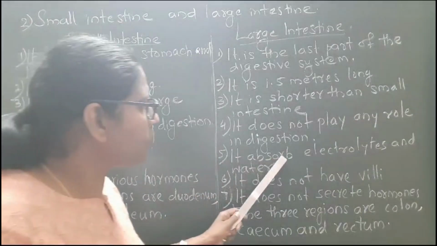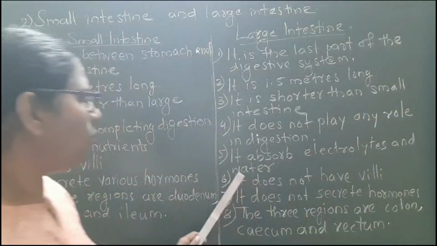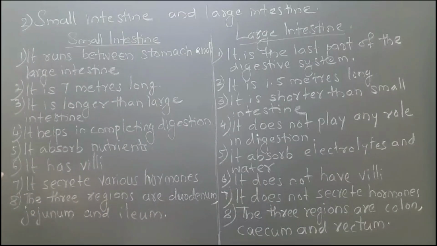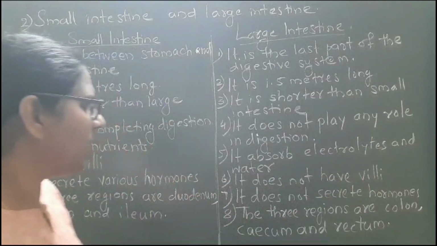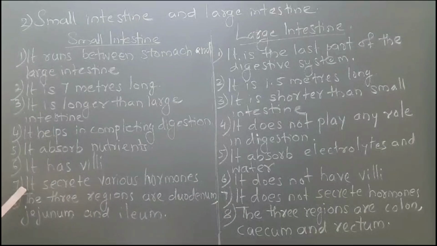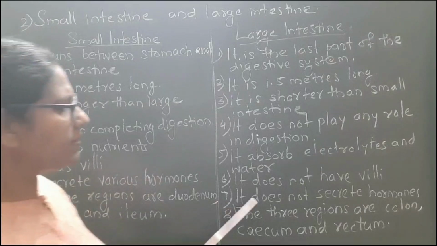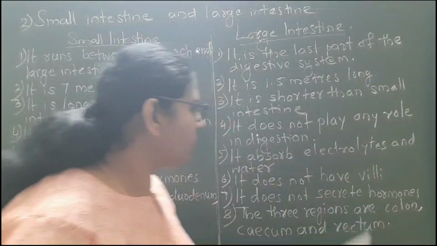Large intestine absorbs electrolytes and water. Sixth point, small intestine has villi. Large intestine does not have villi. Seventh point, small intestine secretes various hormones. Large intestine does not secrete hormones.